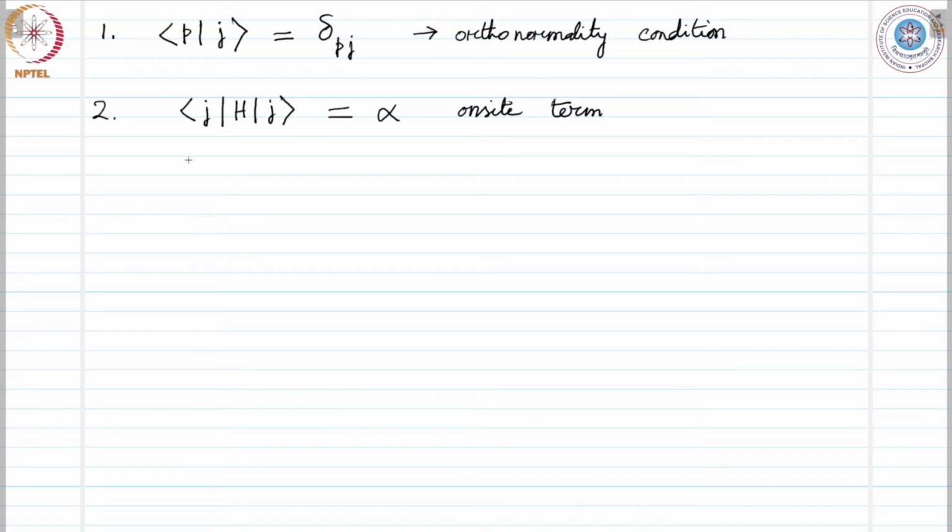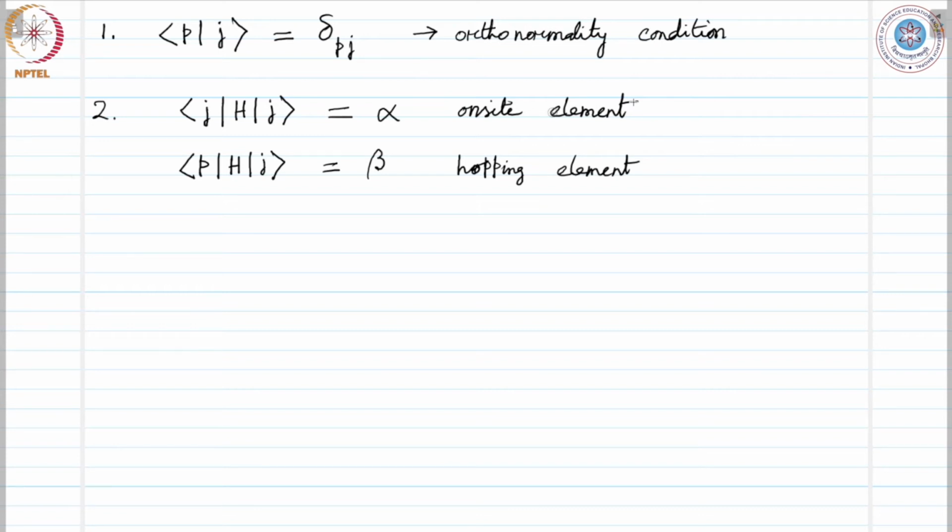Then how about the matrix element with the Hamiltonian operator being sandwiched between two different states? If we have this kind of a situation, then we call it beta, which is a hopping element, and this is the on-site element.